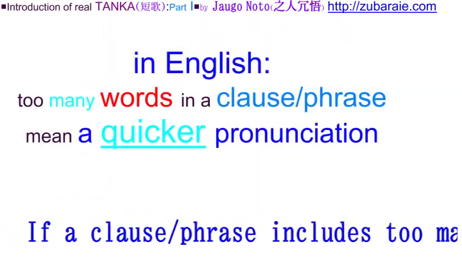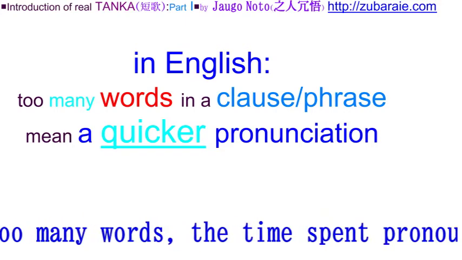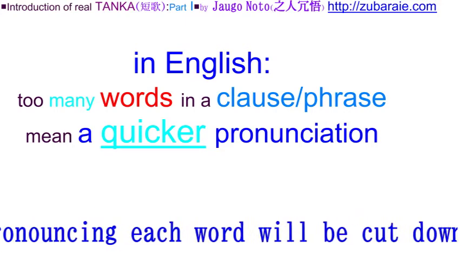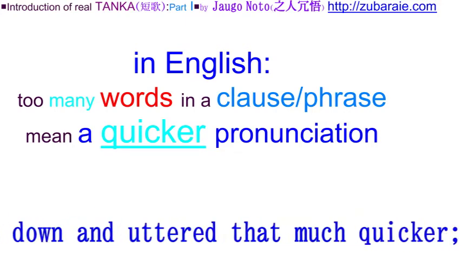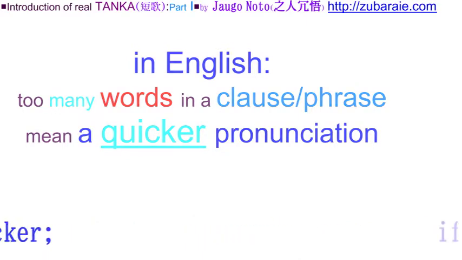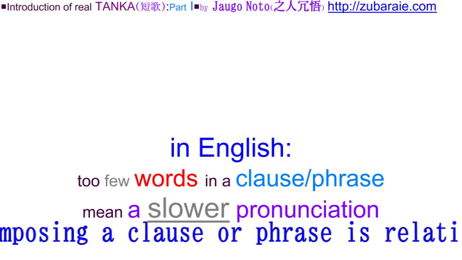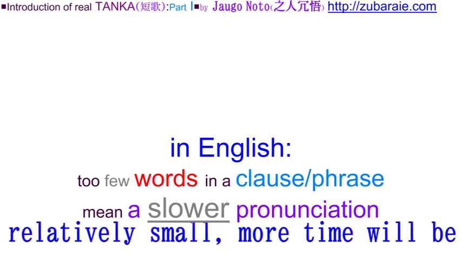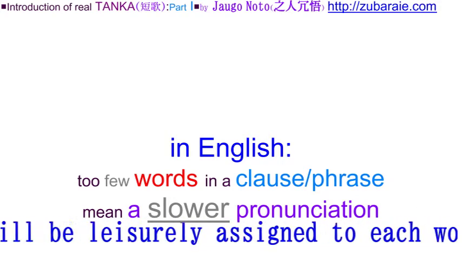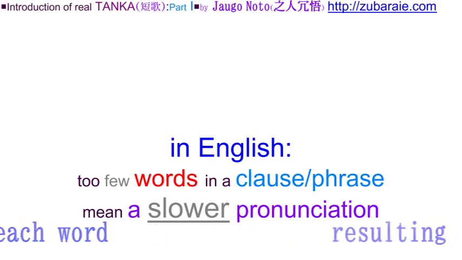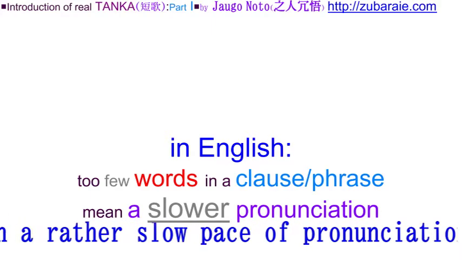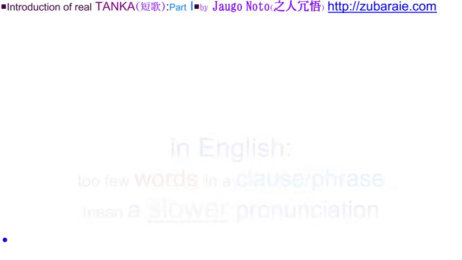If a clause or phrase includes too many words, the time spent pronouncing each word will be cut down and uttered that much quicker. If the number of words composing a clause or phrase is relatively small, more time will be leisurely assigned to each word, resulting in a rather slow pace of pronunciation.